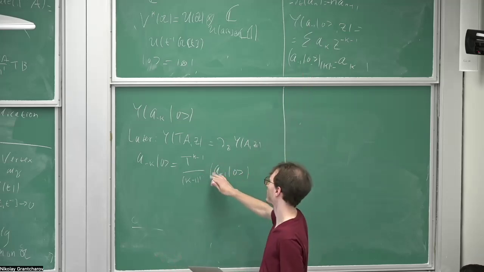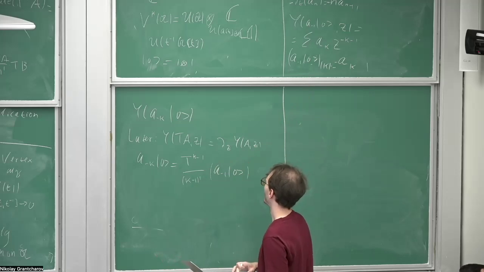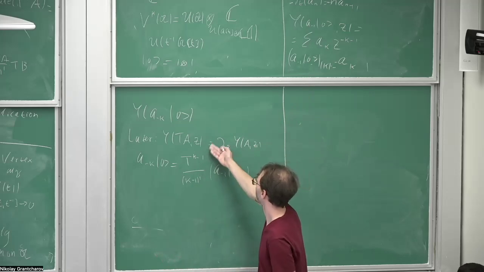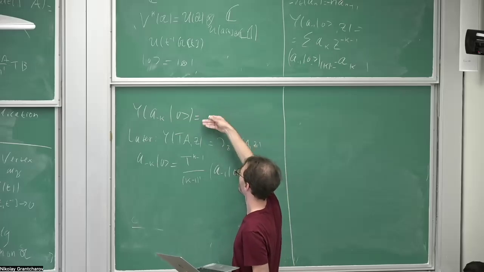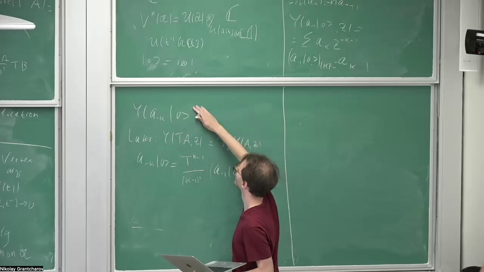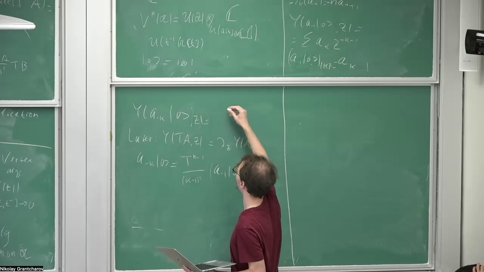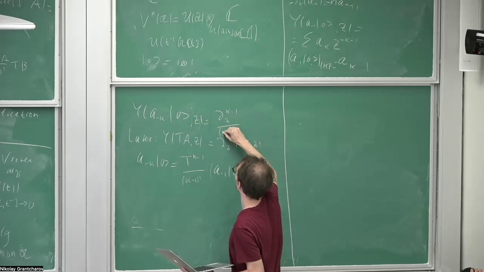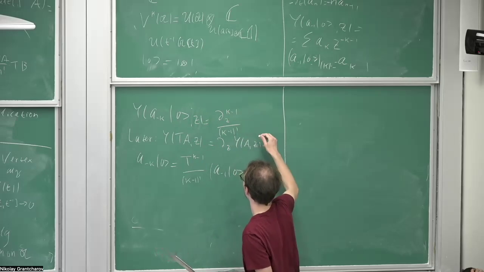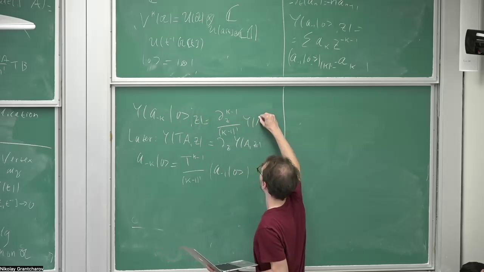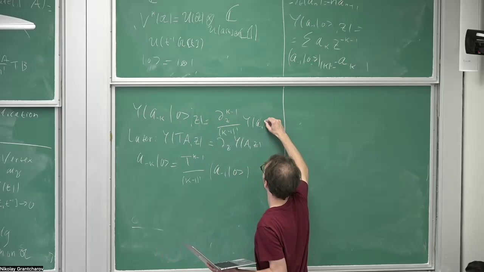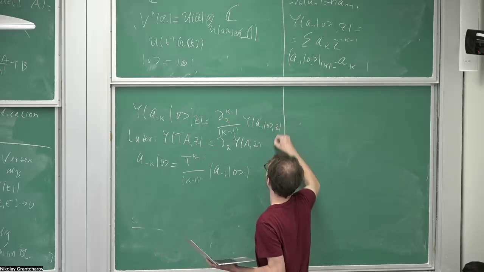So at each step I get some factor. Using these two pieces, we define this field as d/dz to the k minus 1, over (k-1) factorial, Y of a_{-1} vacuum.